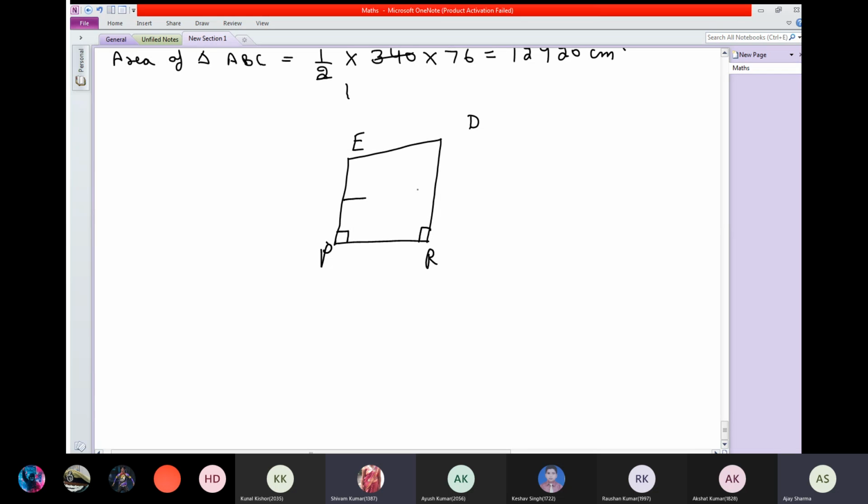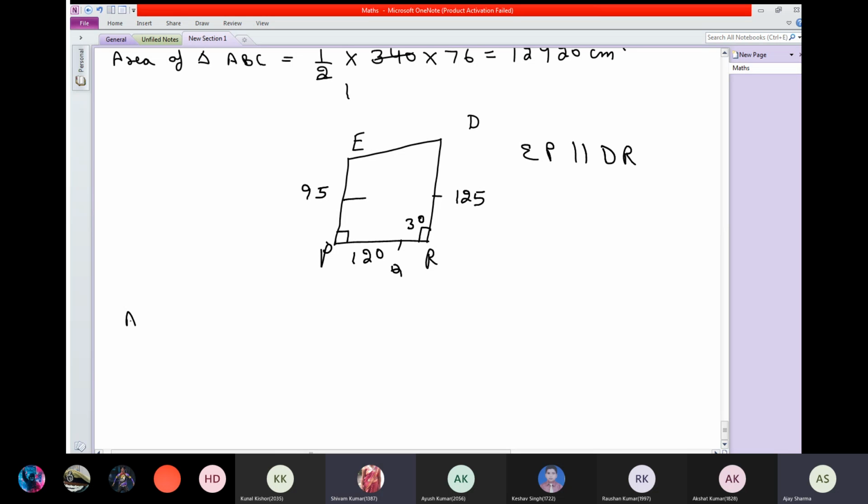These two sides are parallel. EP is parallel to DR. One is given to you 125. One is given to you 95. And what is the distance between them? Sir, 150. 120 plus 30. Yes, this is given to you 120 and this is given to you 30.